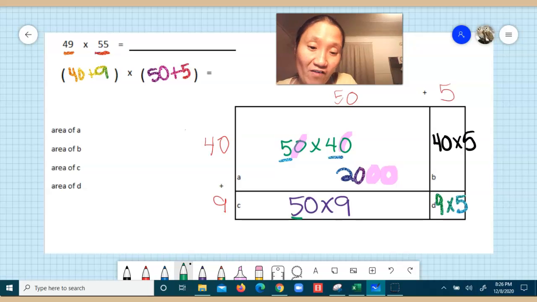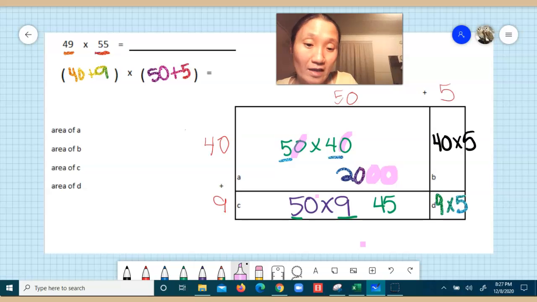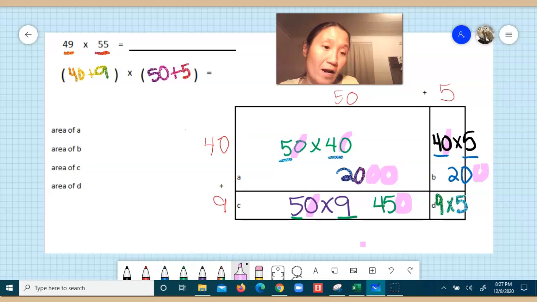I come over here, 5 times 9 is equal to 45, and then I add my 0, which just says I have 1 zero, so I need to add 1 zero behind that, so 450. Okay? Then I come over here and say 4 times 5 is 20. And then I look and say, oh, I need to add 1 zero behind that. So that'll be 200. Okay? And then I say, oh, 9 times 5 is 45. And there's no zeros, so I don't need to add them.